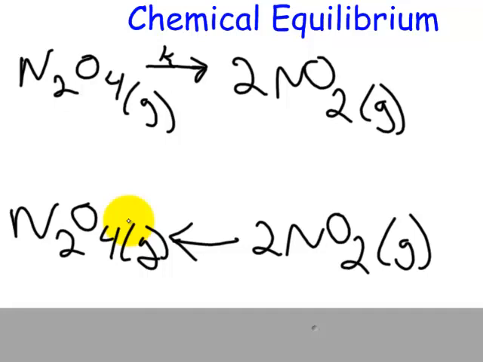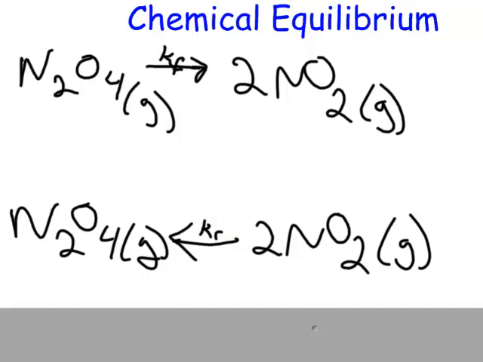And there is a rate, of course, associated with that, which we can call also k. Now, to distinguish between these k's, I'm going to say this one is k sub f for the forward reaction, and this is k sub r for the reverse reaction.